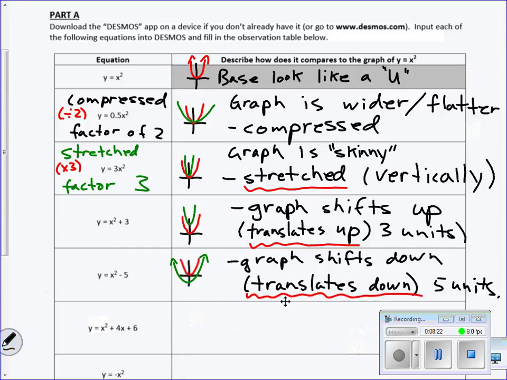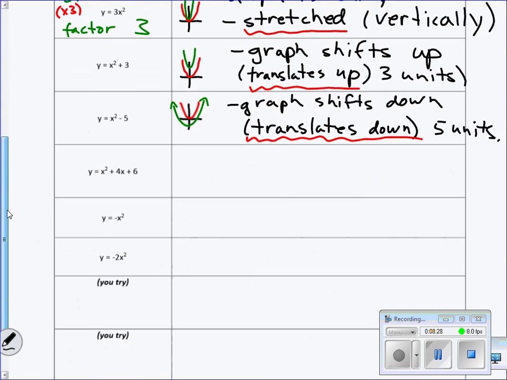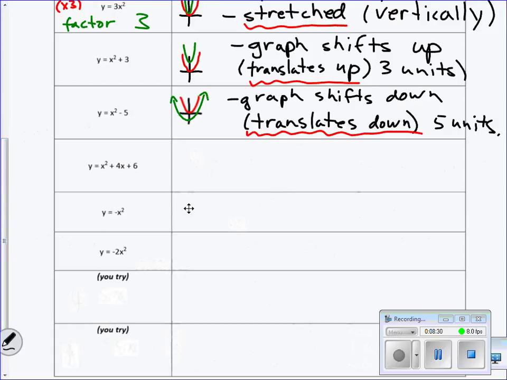And so now let's take a look at our next graph. So our next graph is y equals x squared plus 4x plus 6. Now there is no way to graph this, but I can tell you right away that this is also a quadratic. And the reason why it's a quadratic is because the highest power, or the degree, of my equation, my relation, is 2.